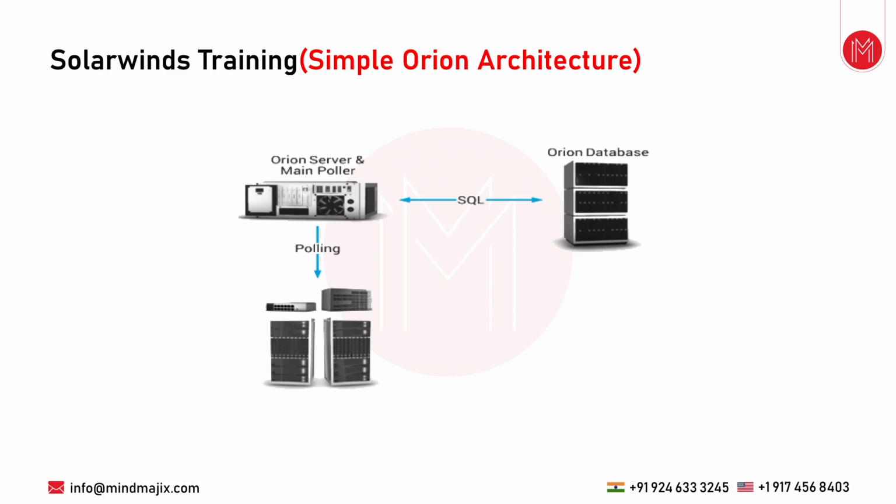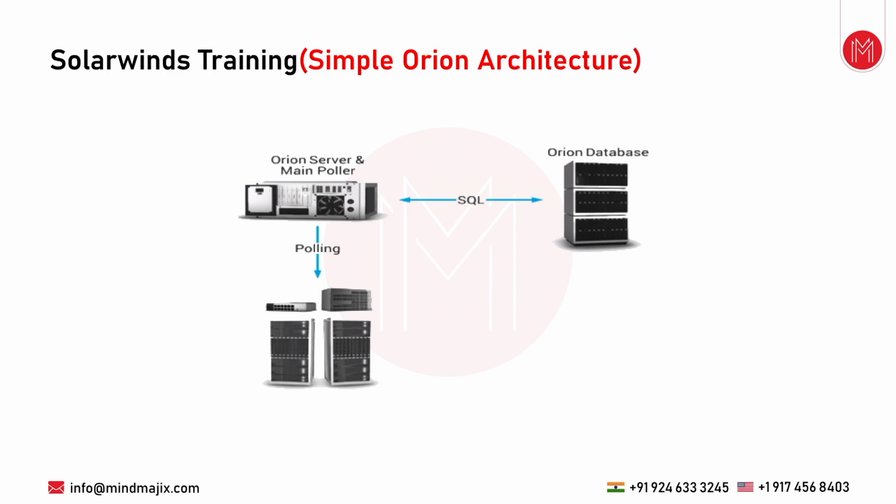SolarWinds provides options here for scalability. We can apply scalability to the existing architecture without disturbing it. Say we are polling 100 nodes today with a simple architecture, and the customer requires 1,000 more nodes. Without disturbing the existing environment, we can scale it with the options provided.